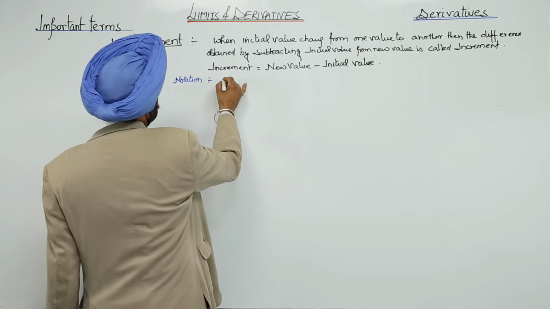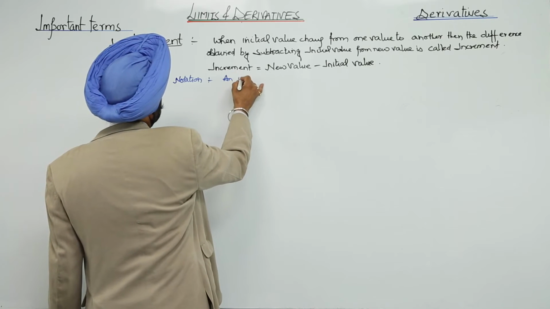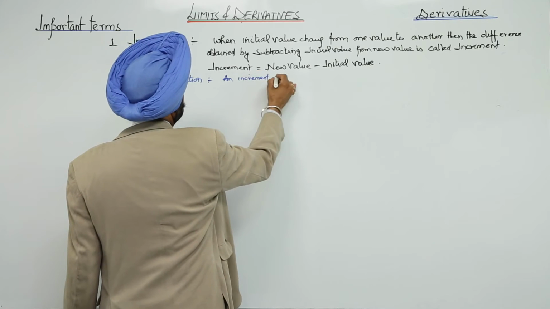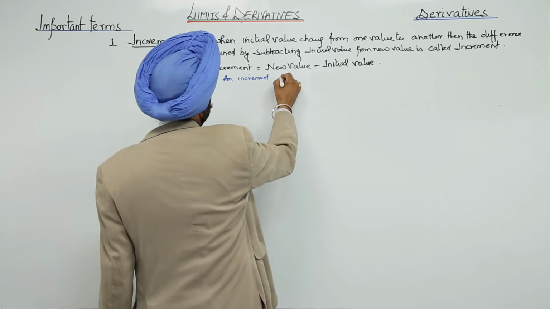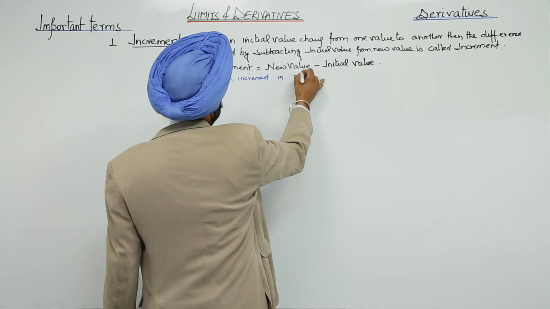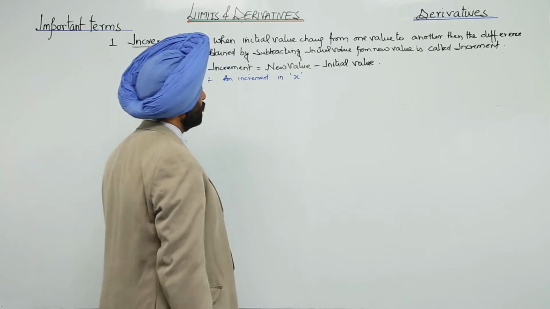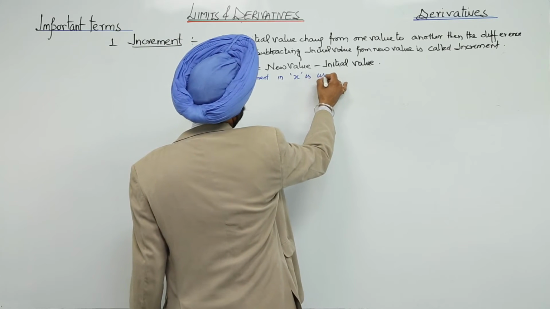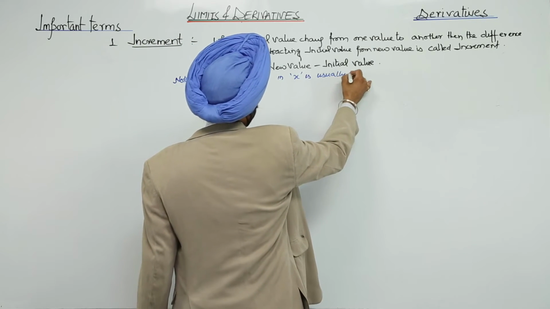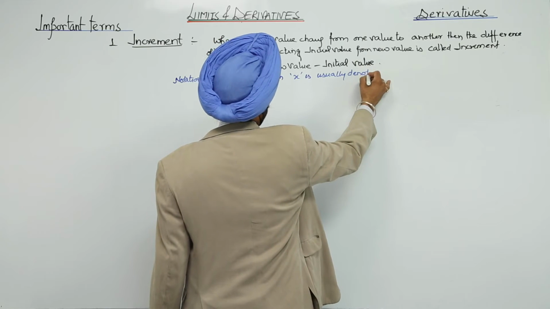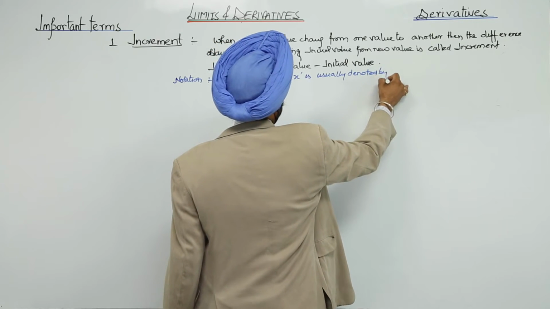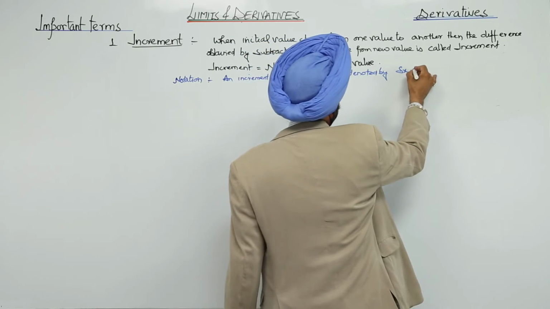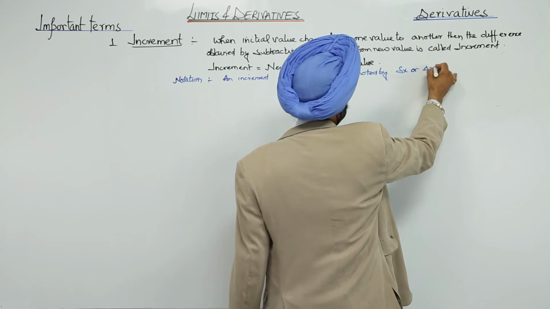Now an increment in x, an increment in x is usually denoted by delta x, or sometimes written like this, delta x.